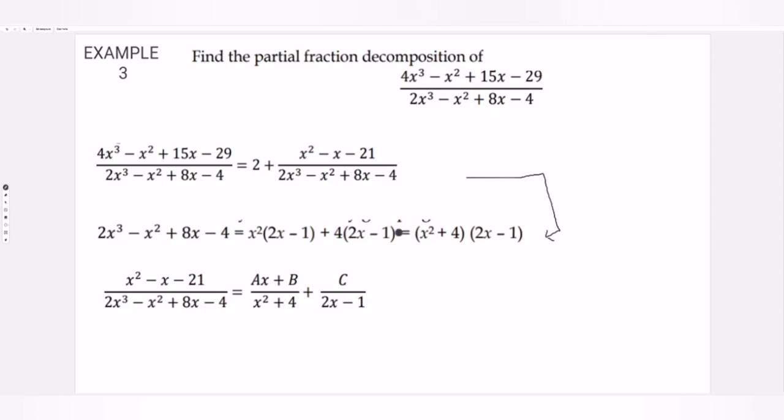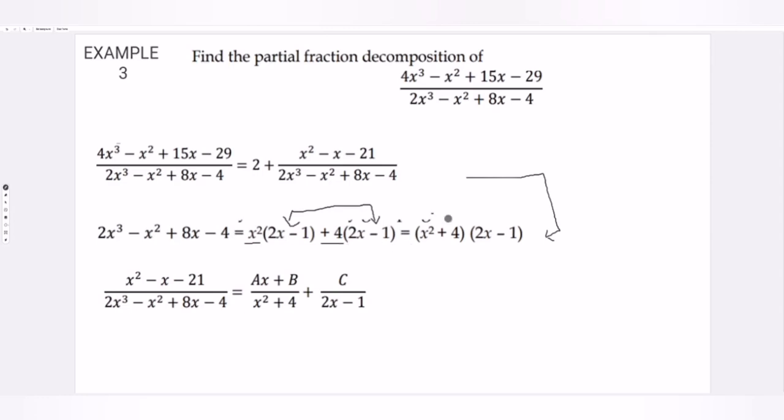This is one of the methods to find the factored form for such functions. So 2x minus 1, just copy it, and then focus here: x squared plus 4.